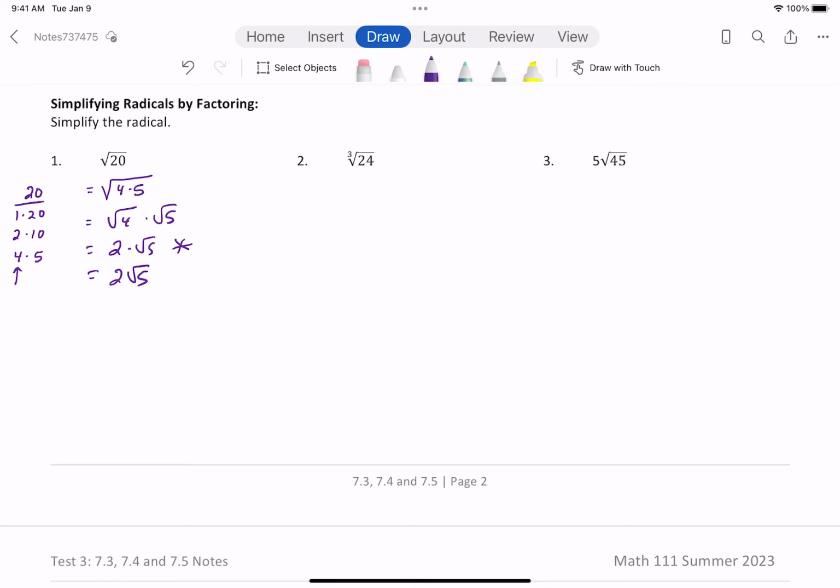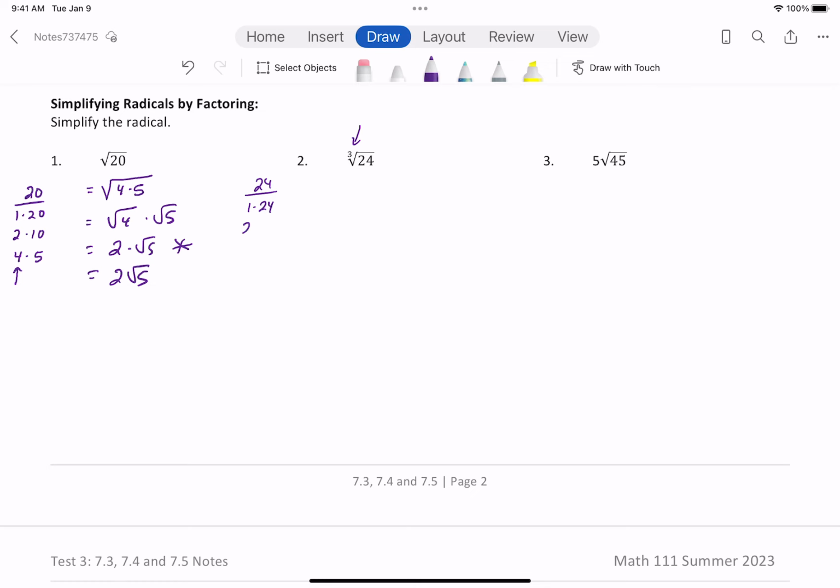Now for the next one, the index is a 3. So we're looking for something that is a cube root. Well, 24 is not a perfect cube, so I'm going to do the same process. And again, the first set of factors, 1 is a perfect cube, but that doesn't help me because it doesn't change anything.